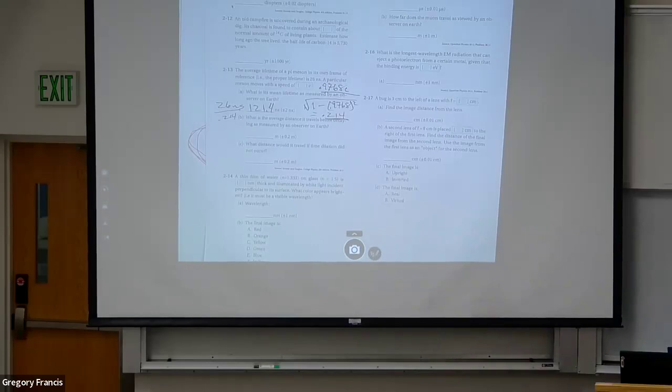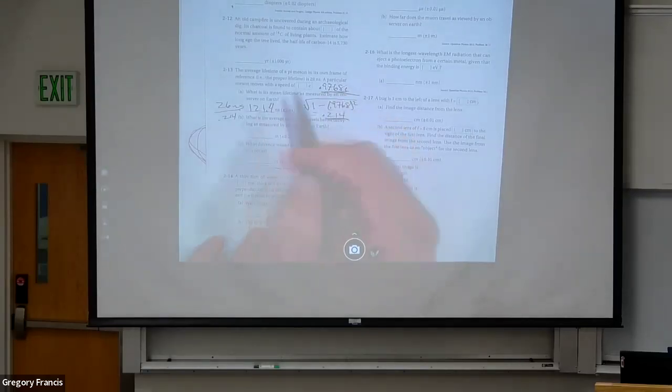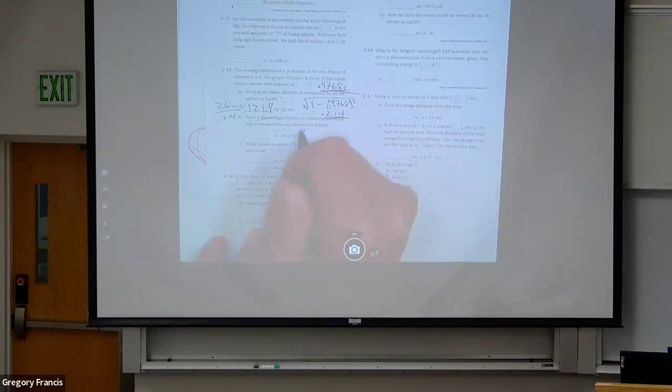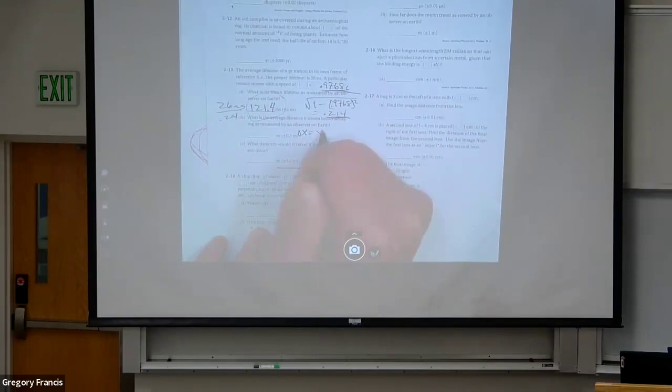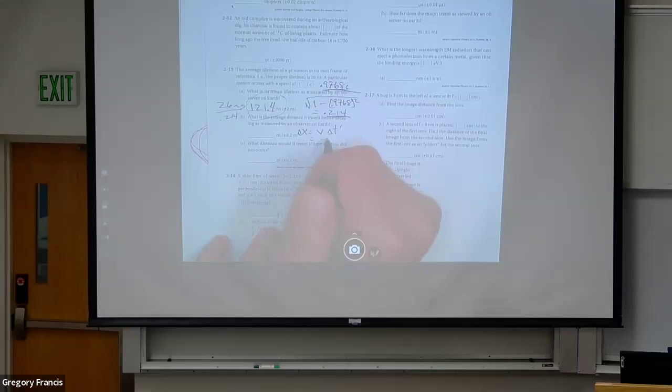But if I agree that it's going this speed and it's going for this many seconds, 121 nanoseconds, I would find delta x is just going to be that speed times the time that it is alive on average, the mean lifetime.